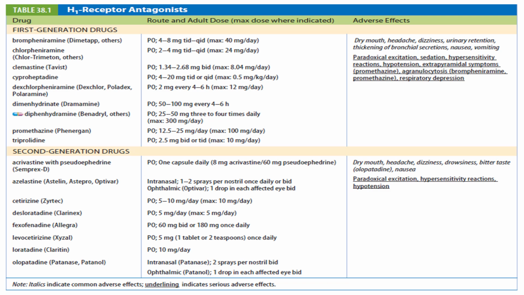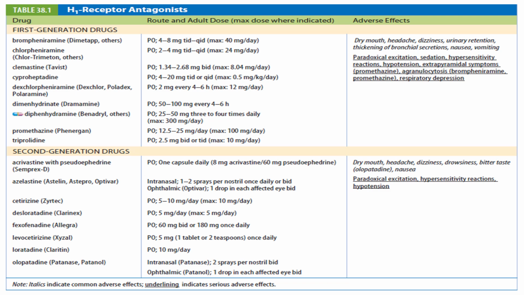They have adverse effects of dry mouth, headache, dizziness, urinary retention, thickening of bronchial secretion, nausea, and vomiting sometimes. For your second generation drugs, most common will be your cetirizine, levocetirizine, and loratadine.